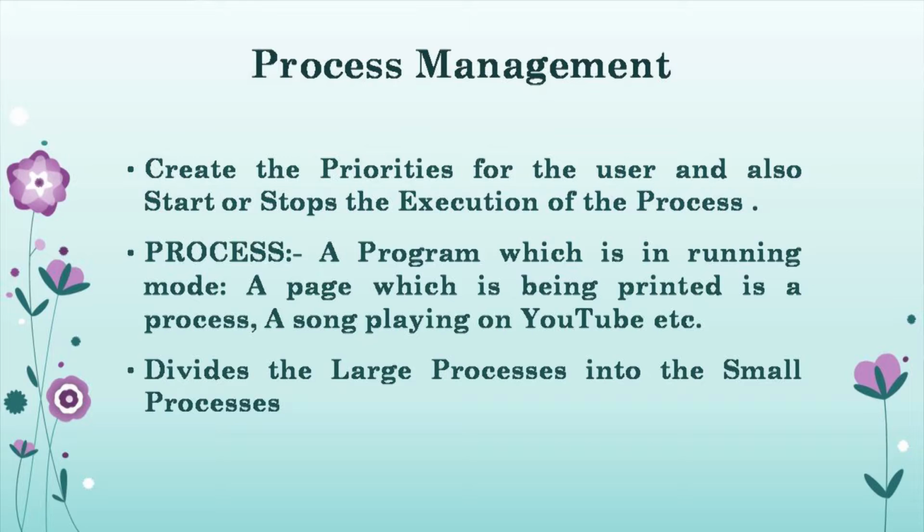Moreover, if a very heavy game is being played, the operating system helps to divide the large process into smaller processes in order to make work effective. Each small piece of process will take less time and less memory to be executed. This saves time and helps in faster working.